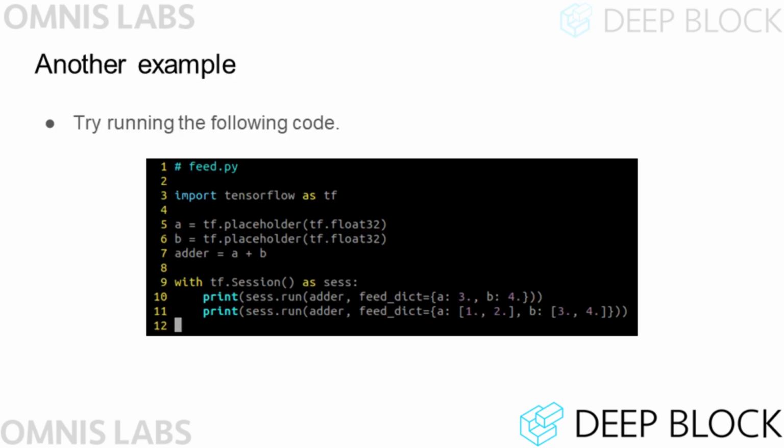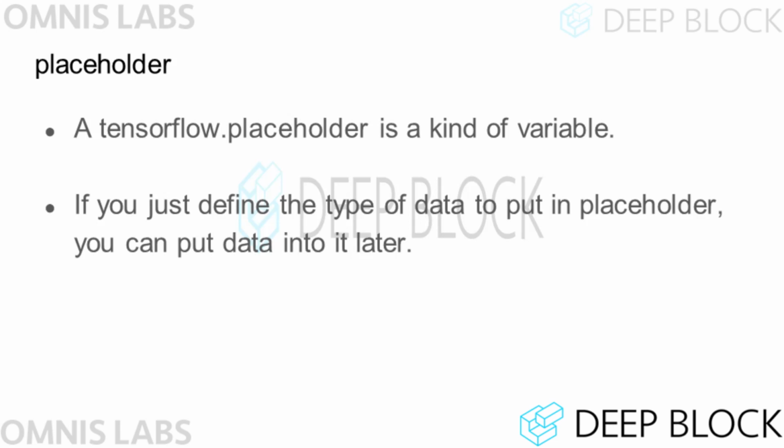Let's run a bit different code this time. Write the code shown in the slide in a new file, save it, and run it. In the code you just saw, you can think of tensorflow.placeholder as a variable of type tensor.